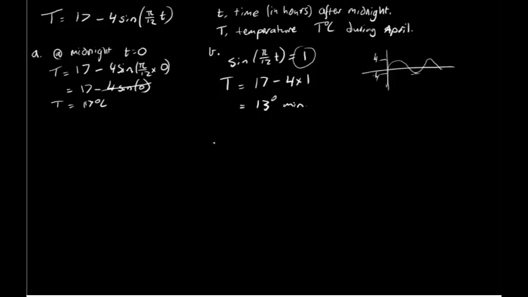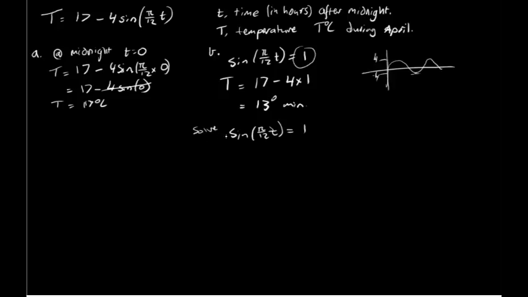Working out when that occurs. We don't know when it occurs at this stage. We just know that this function here is going to be our minimum point. We can solve for when sine of pi on 12t is equal to 1.